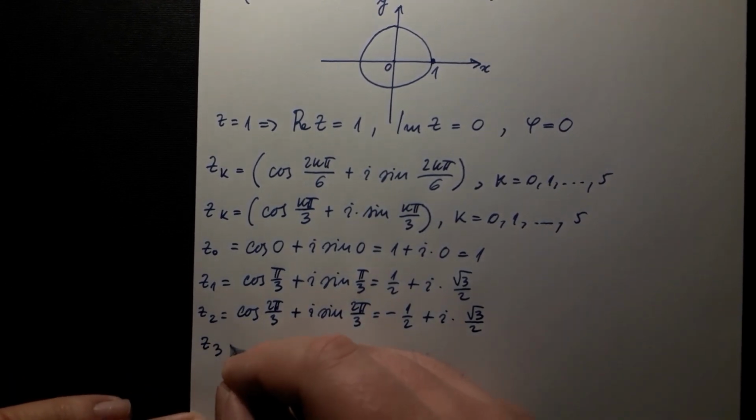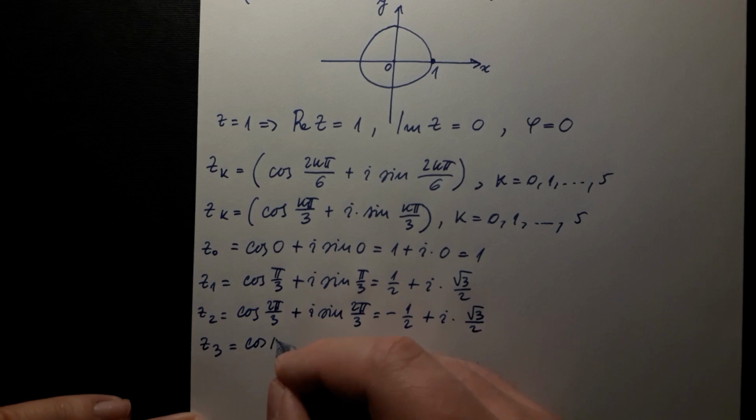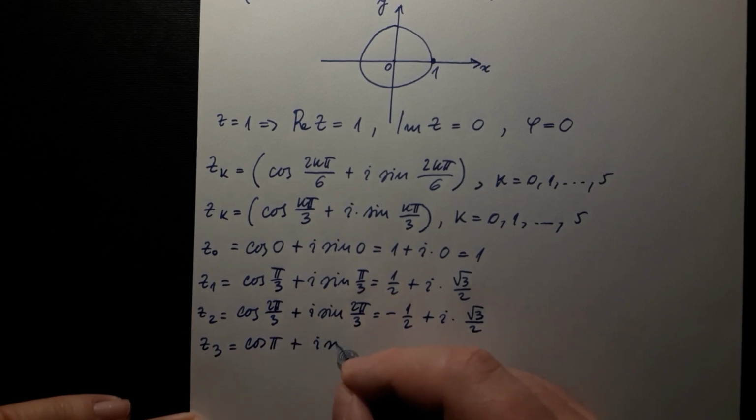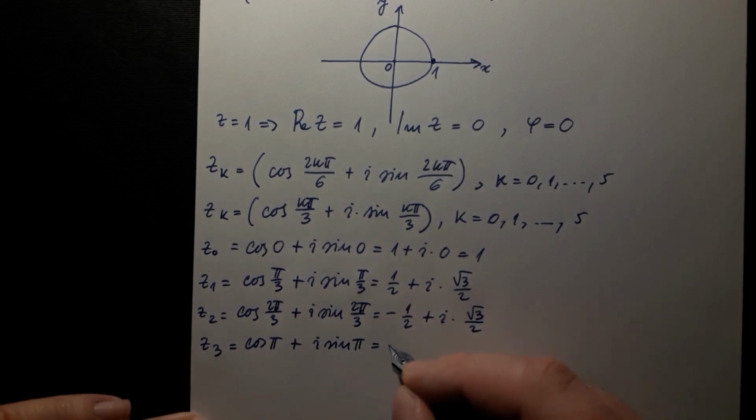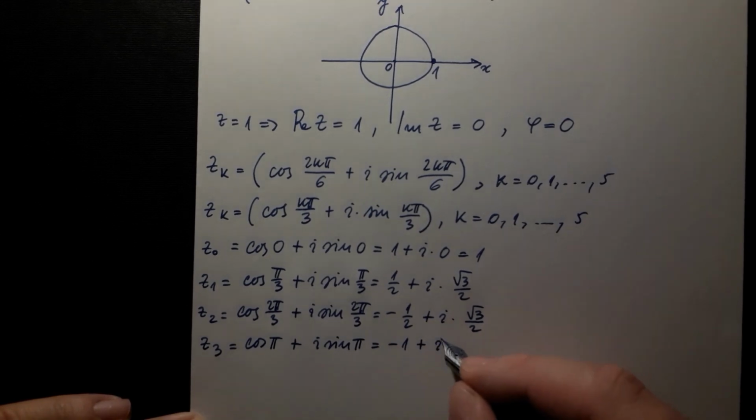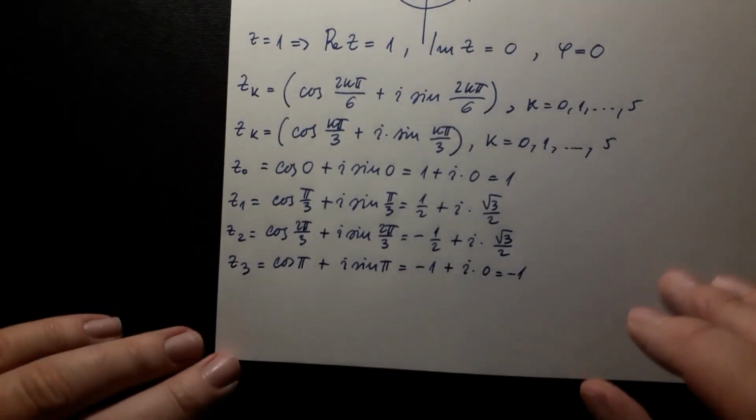For z3, which is equal to cosine pi plus I sine pi, this is equal to negative 1 plus I times 0, which is equal to negative 1.